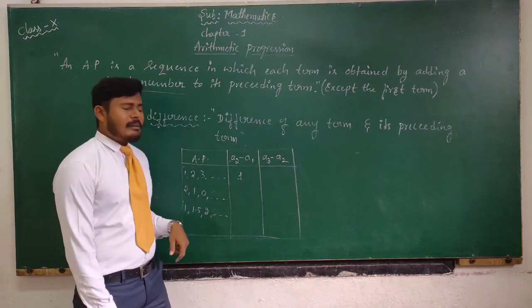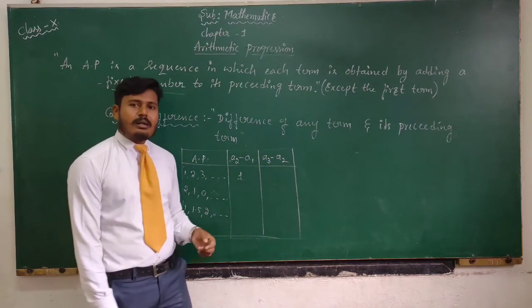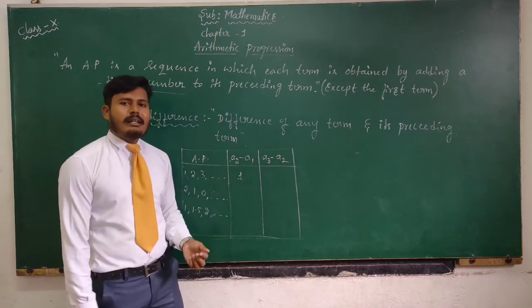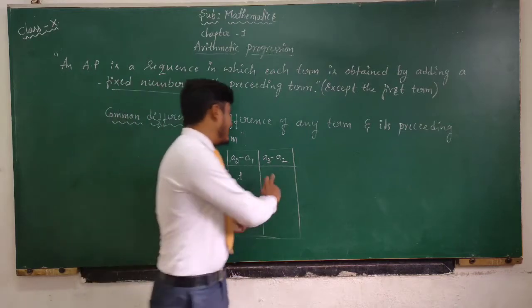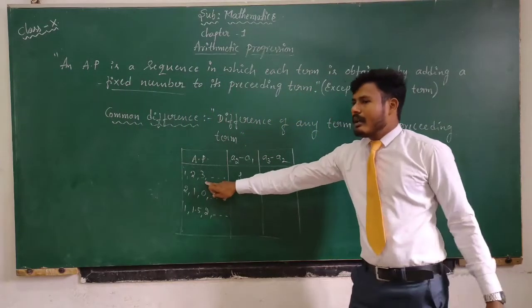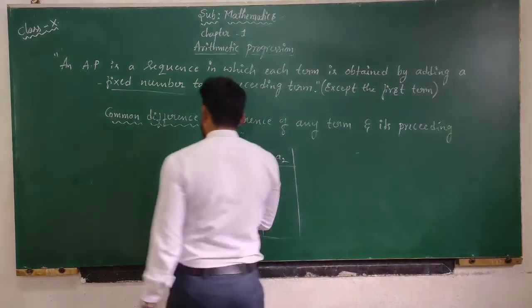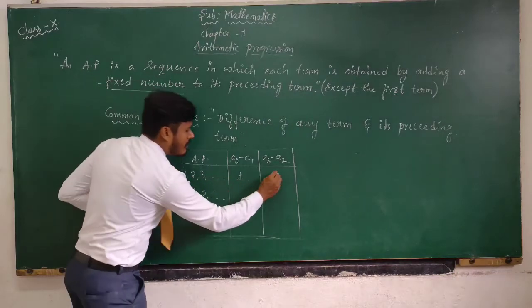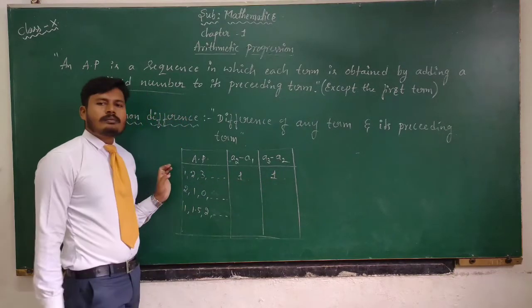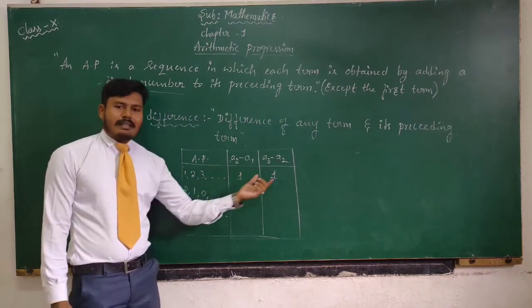Then the second one, a3 minus a2. a3 means the third term of an AP and a2 means the second term. a3 is 3 and a2 is 2. So 3 minus 2 is also equal to 1. So here the common difference is the same.